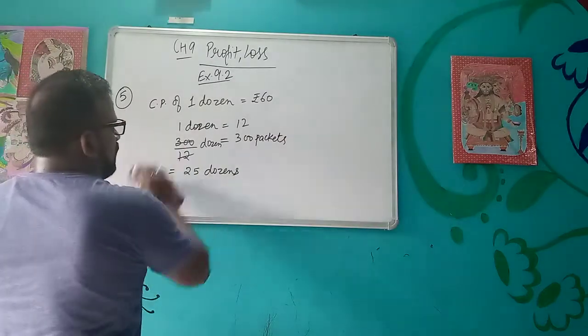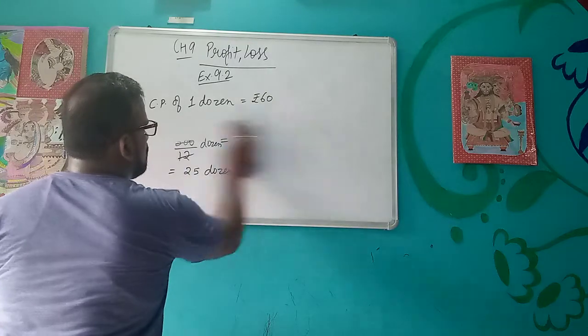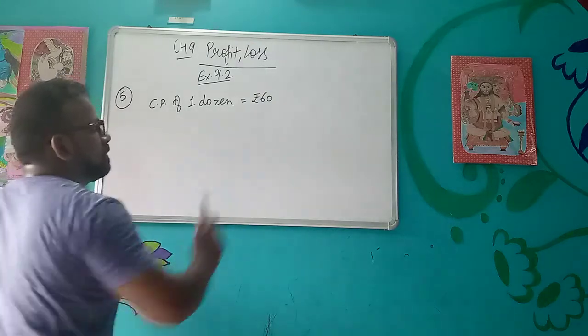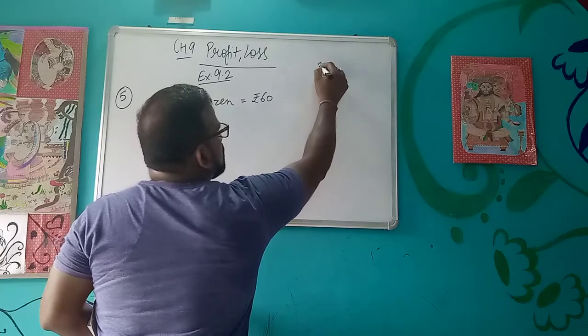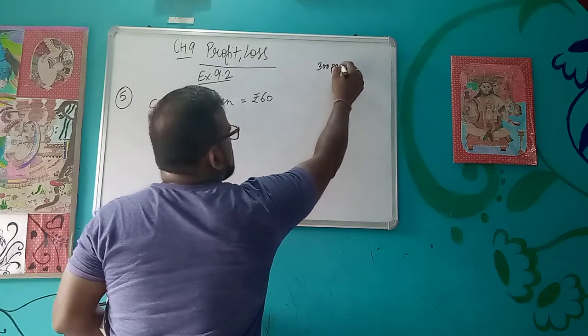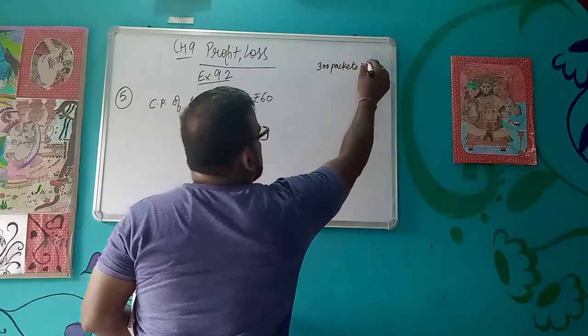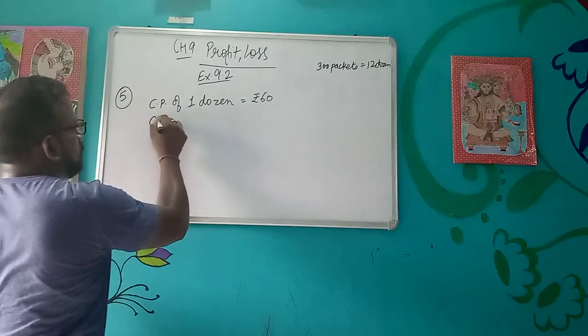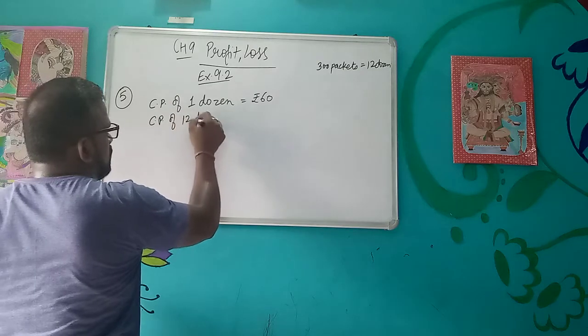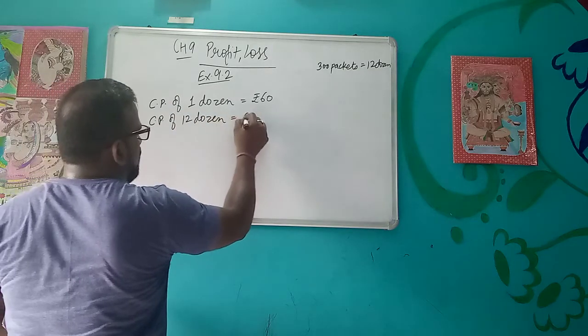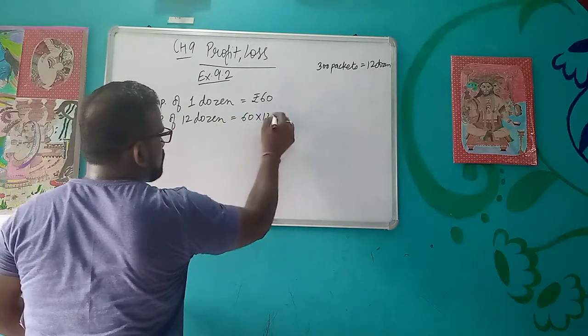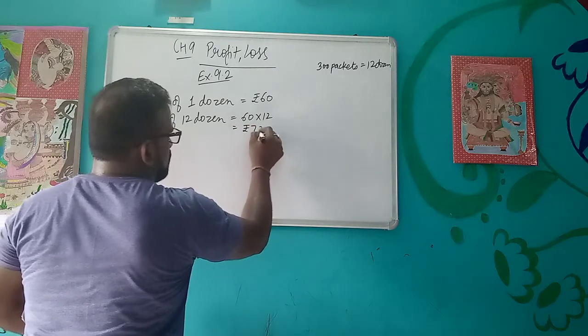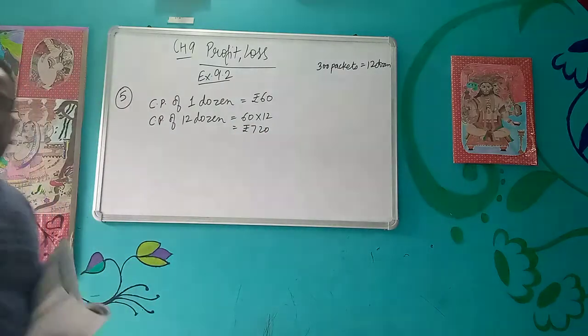So now I am writing it here. 300 packets equals 25 dozens. So this we will use. So the CP of 25 dozens we will calculate like 60 into 25, rupees 1500. So this much we have calculated.